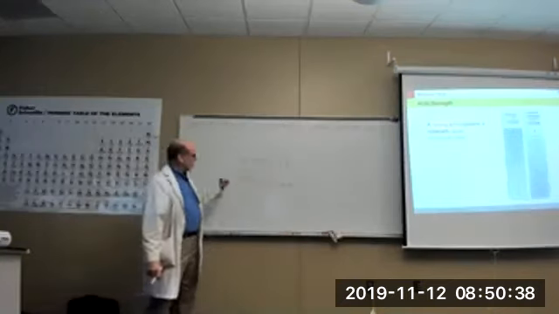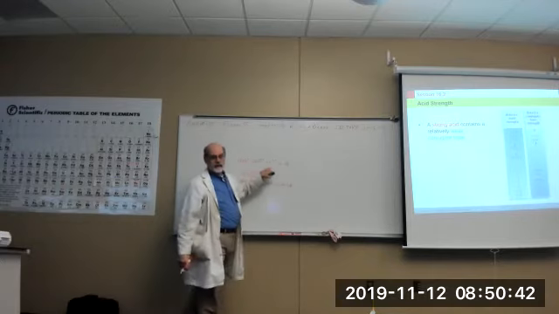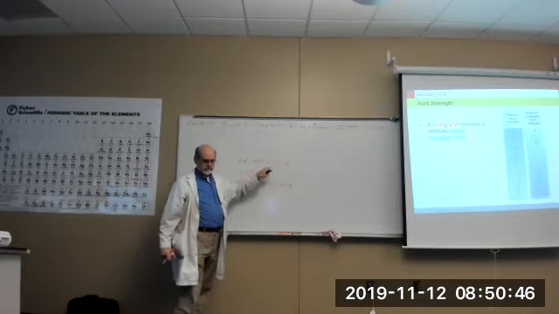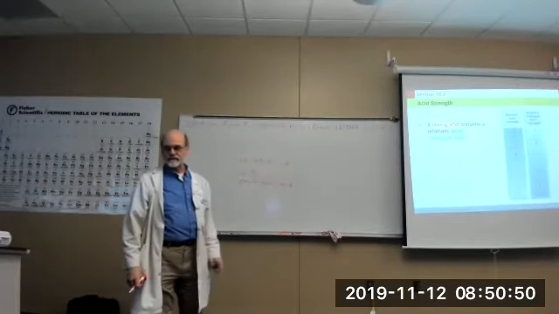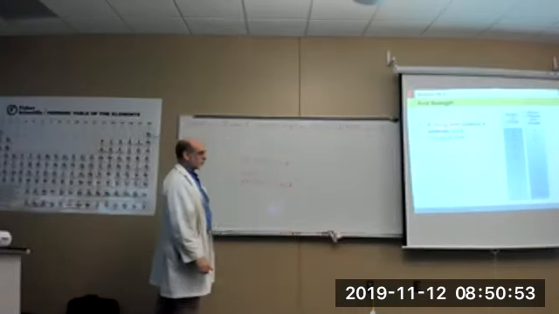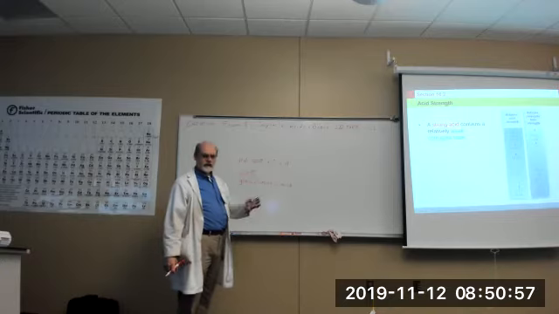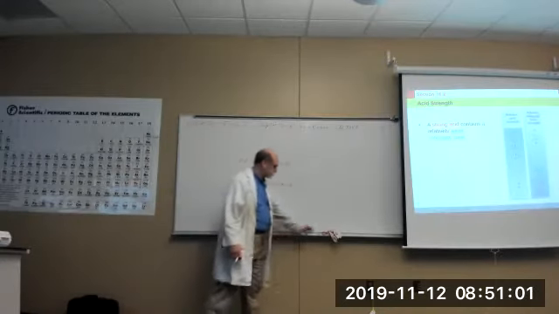Even though it's a weak acid, at that concentration, it produces a significant number of protons that will do damage to your hand if you submerge it in that stuff. Okay? So just because it's a weak acid doesn't mean it's not hazardous. It's only not hazardous if the concentration is low.